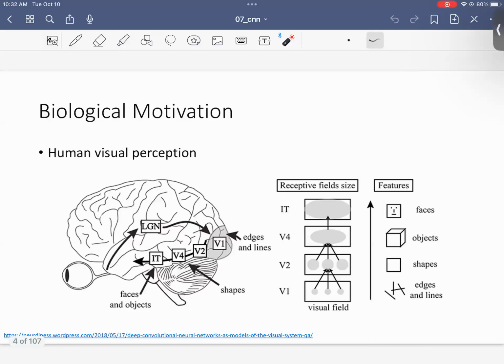This is inspired by how the human brain processes visual signal. There's a visual receptor here, which receives photons, and then it converts the photons into an electrical signal, which goes to your brain. Along the way, there's a hierarchical structure as to how the brain interprets the electrical signals.